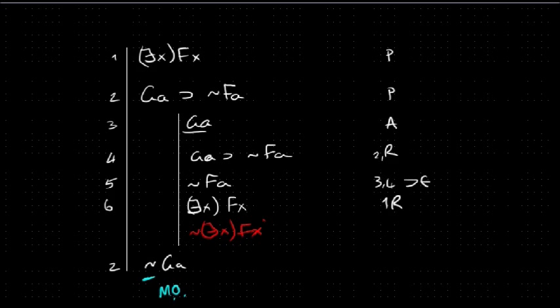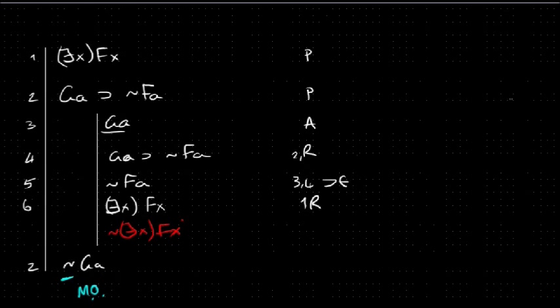The problem is, let's just move to the side a little bit, draw a new scope bar. If we have a formula like this, not Fa, and we want to do an existential introduction, remember that the way that works is we first of all have to swap out all of the constants for a variable.